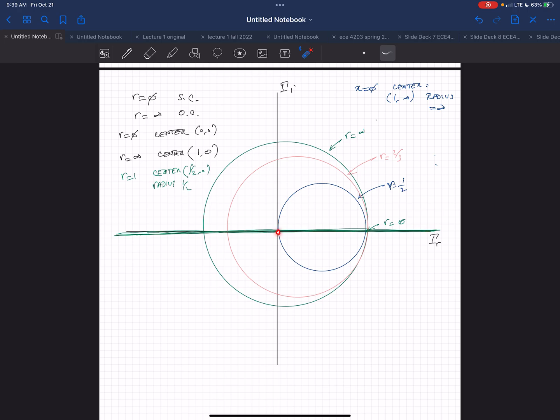That intersection says your imaginary part is purely 0 and your real part is 1/2. So the load is a resistor, and its value is half the value of the characteristic impedance.